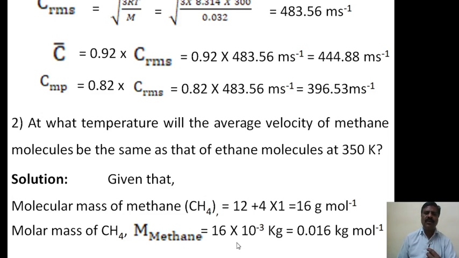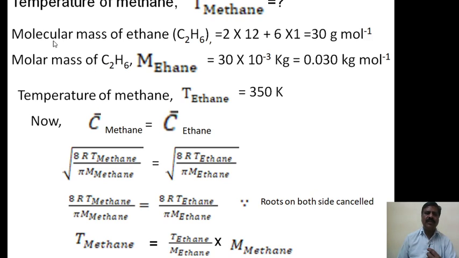Similarly, we also have to calculate the molar mass of ethane, and the temperature of the methane, T methane, that we have to calculate here. We know the molecular formula of ethane is C2H6, or CH3CH3.